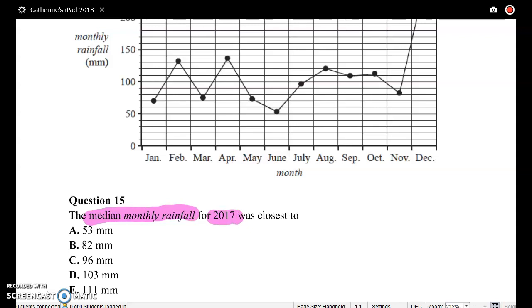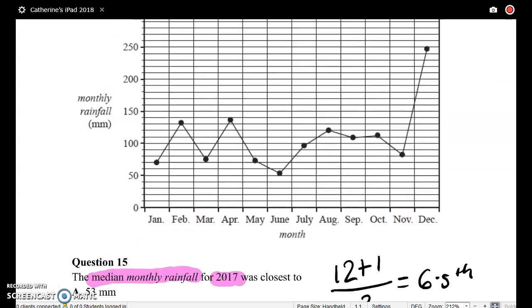So how do we find the median? We've got 12 months in the year, so 12 bits of data divided by 2. So we're looking for between the 6th and the 7th bit of data. So looking at this, remember we've got to count from the lowest to the highest. We're looking at the lowest rainfall to the highest rainfall, and we're looking between the 6th and the 7th.